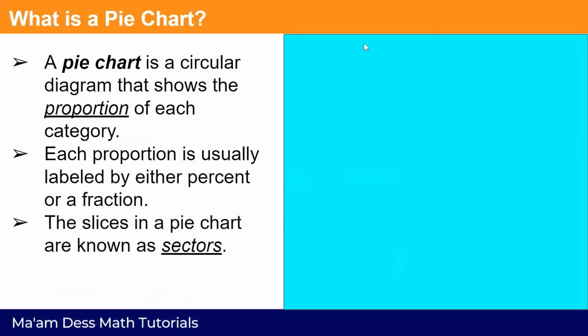Next, for the pie chart, what do we mean by pie chart? A pie chart is a circular diagram that shows the proportion of each category. Each proportion is usually labeled by either percent or a fraction. The slices in a pie chart are known as sectors.